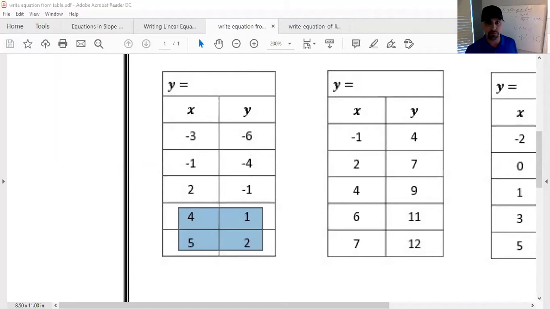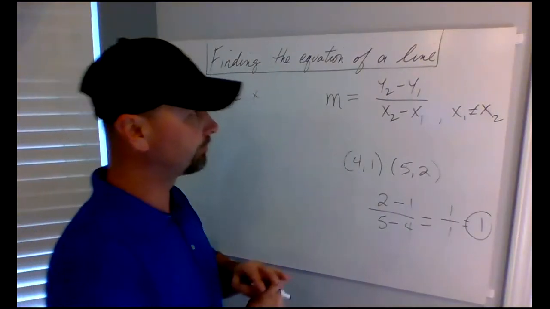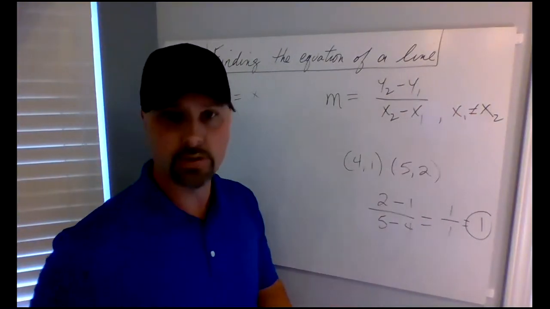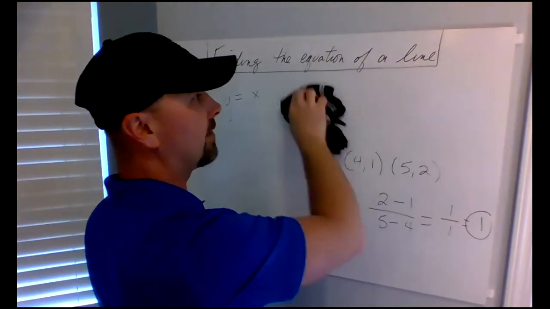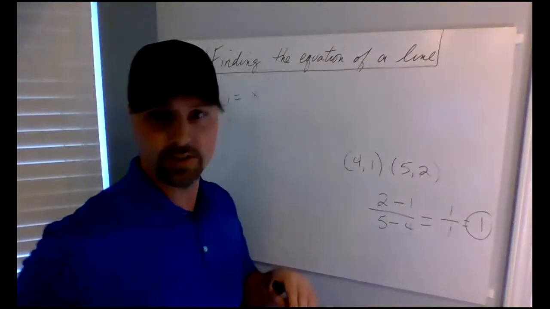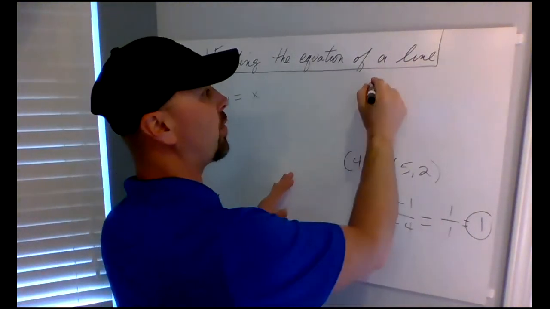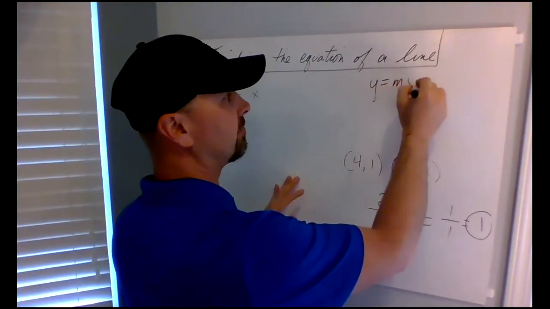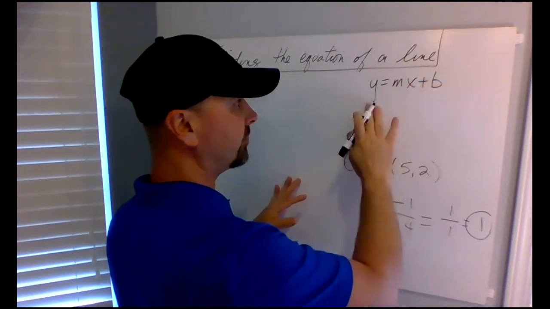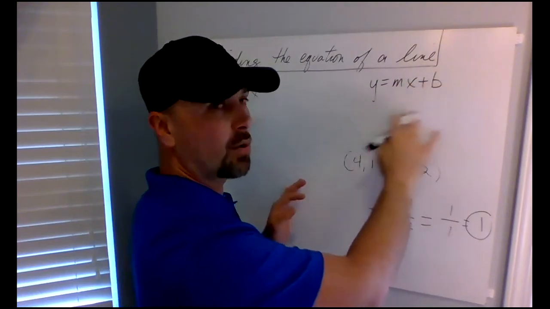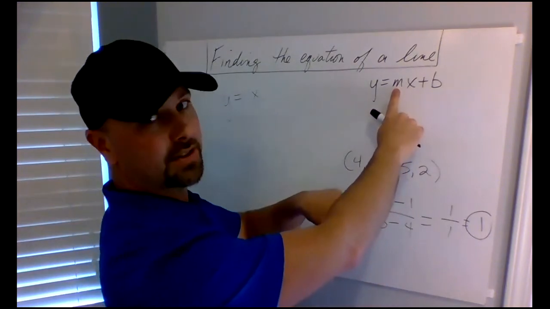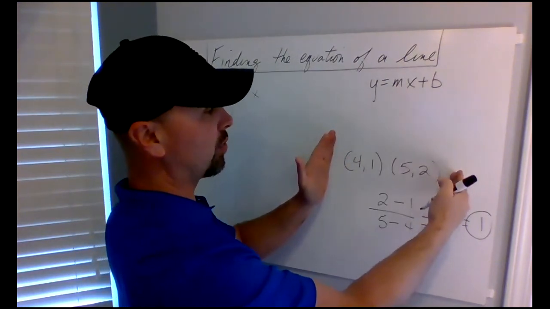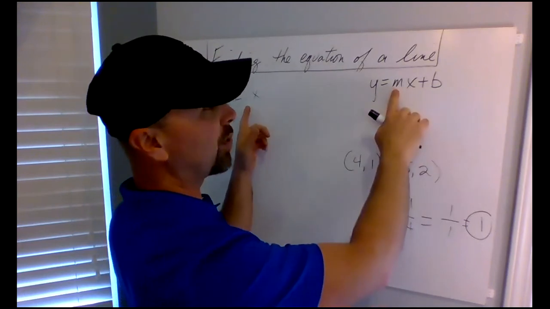Come back to me here. All right, so I'm going to erase this. You hopefully know that part of it, but I need this section. So we're going back to y equals mx plus b. This is the equation of a line, okay? What we just figured out using the table and these 2 coordinates was that the slope is 1.